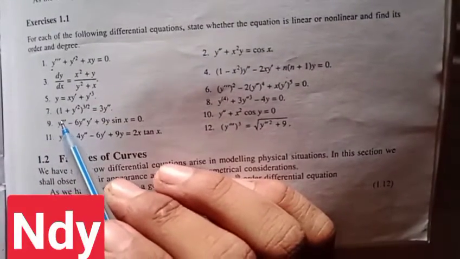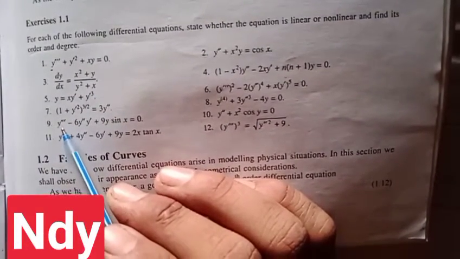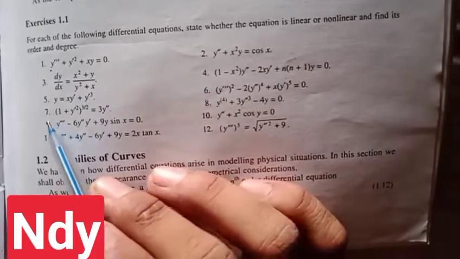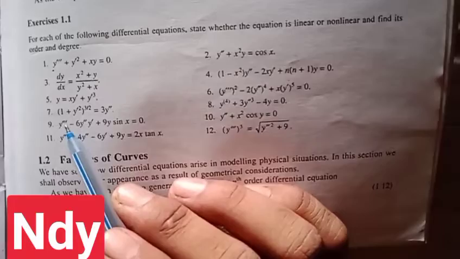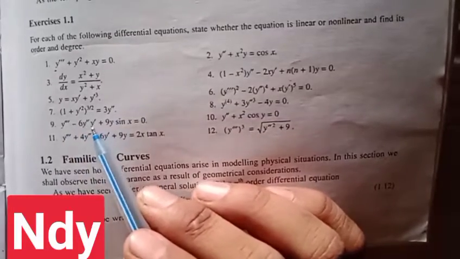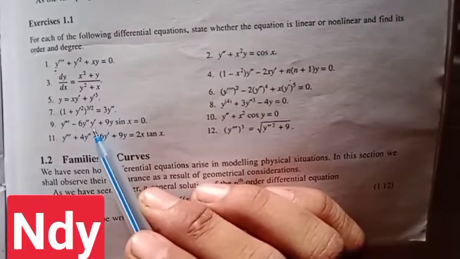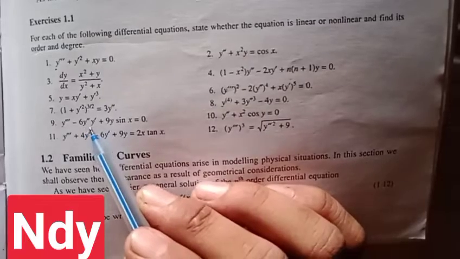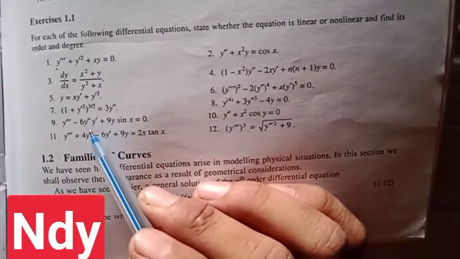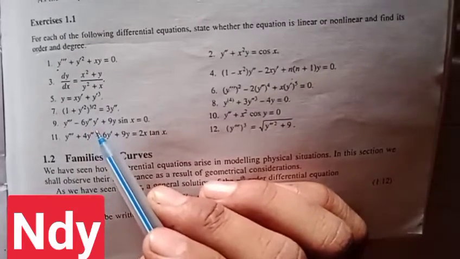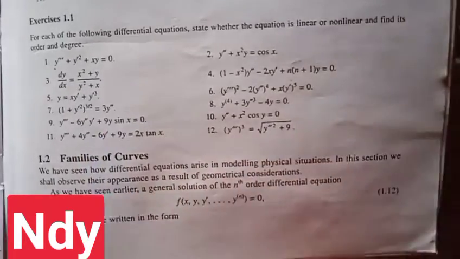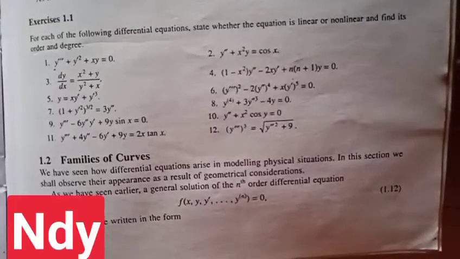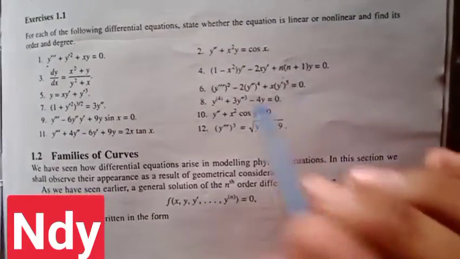Here the order is 3, and the power of the highest derivative term is 1, so the degree is 1. We cannot write this in that form, because y double dash times y dash, that is d2y by dx2 times dy by dx, is a product, so it is non-linear.